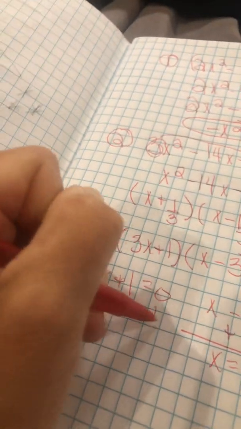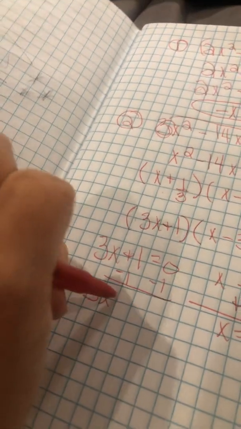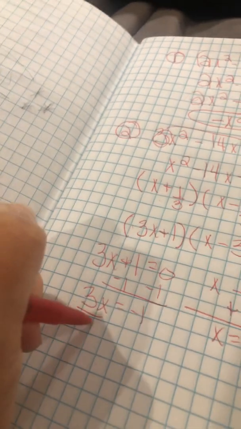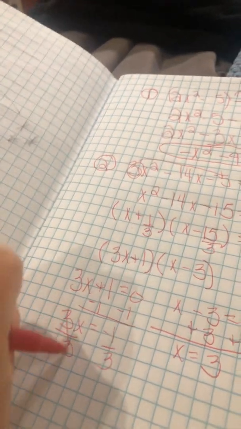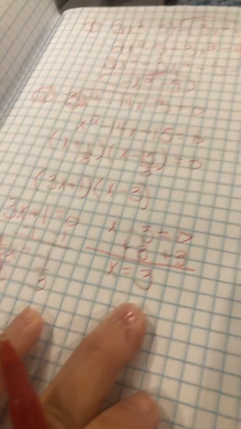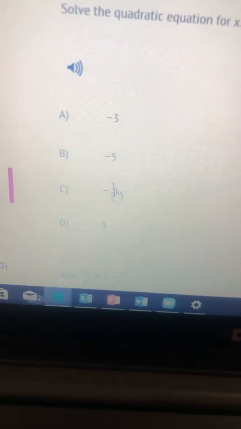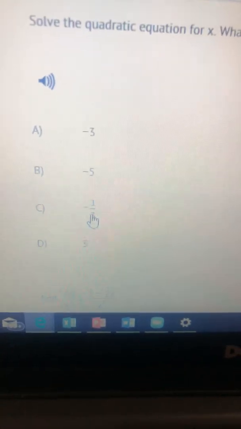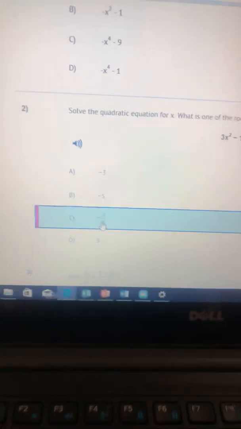Here we have 2 steps. You have to subtract that one first and then divide by 3. So here we see that x is equal to negative 1/3 and x equals positive 3. And I see that answer choice is here at letter C, so we'll choose that one.